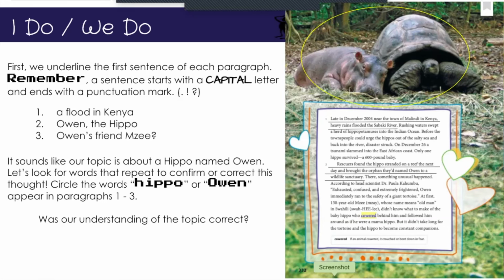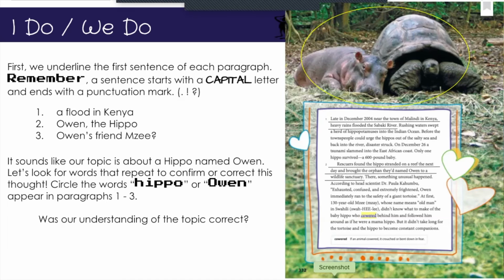So it sounds like after reading the first 3 paragraphs, our topic is about a hippo named Owen. Make sure we go back and look for the words that repeat to confirm or correct this thought. Make sure you've circled all the words about hippo or hippopotamus and Owen that appeared in paragraphs 1, 2, and 3.